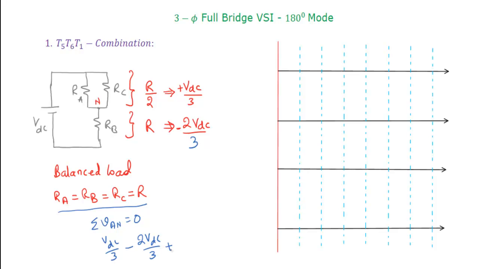Phase C voltage is VDC by 3 because phase A and phase C are in parallel. Now the sum of these three voltages is equal to 0, which indicates the balanced load. So based on this, with respect to the neutral point, this is positive, this is negative.